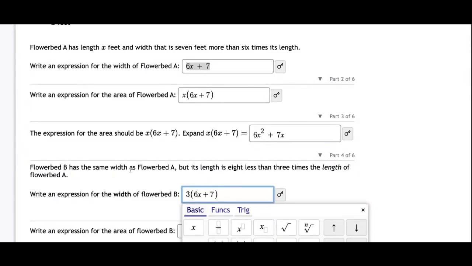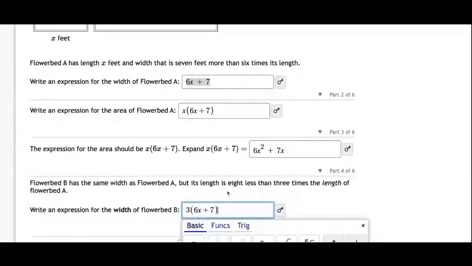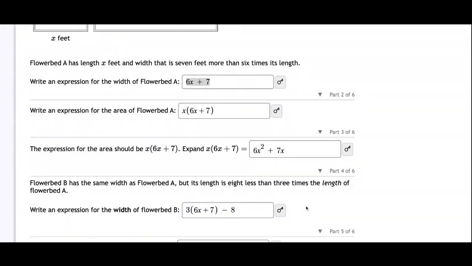Flower bed B has the same width as flower bed A. So what's the flower bed A width? Flower bed A width is 6x plus 7, right? And its length is A less than 3 times the length. So it's 3 times it, but it's A less, so minus 8.